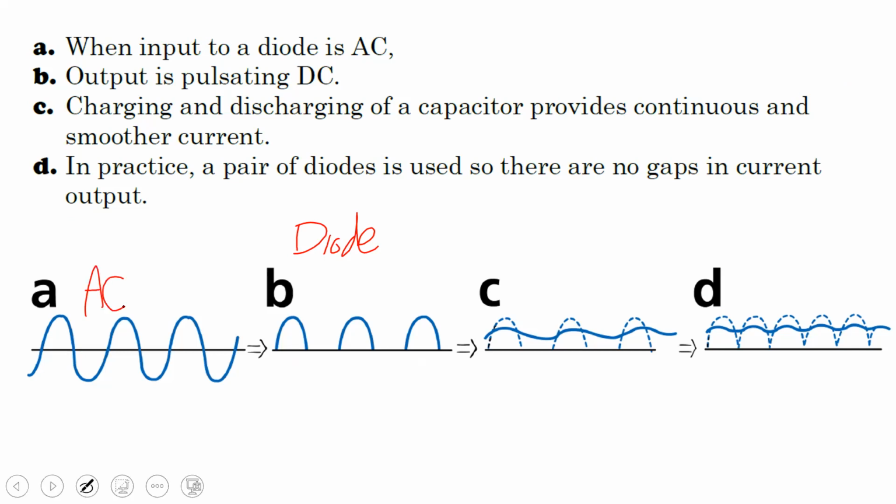After that, it's allowed to go in one direction, so we have half of the waves. Then we have to use the capacitor. The capacitor, after charging and discharging, provides continuous current.